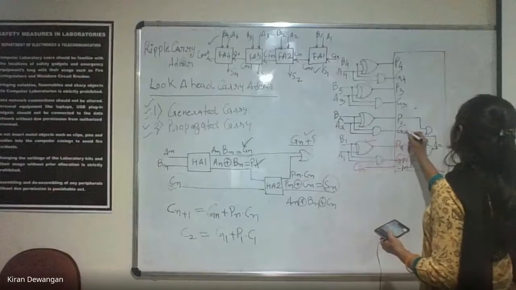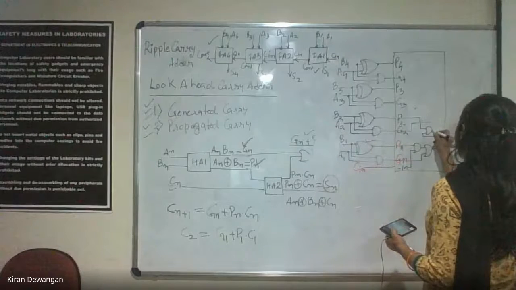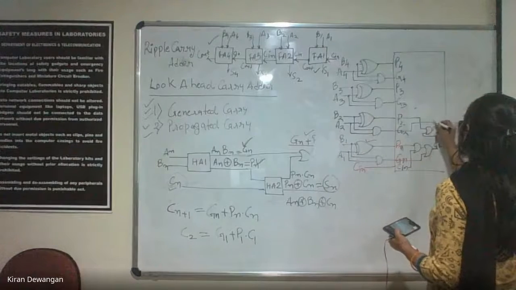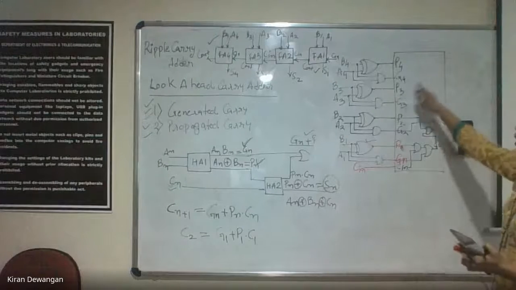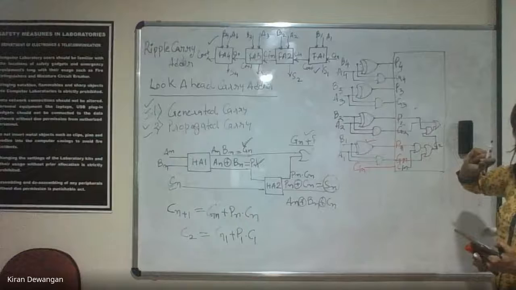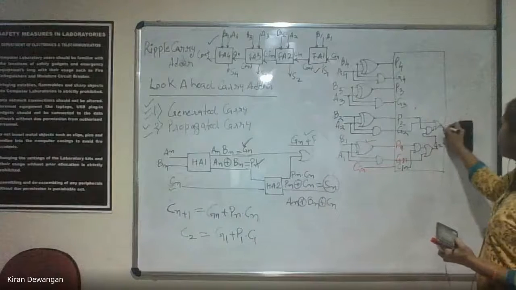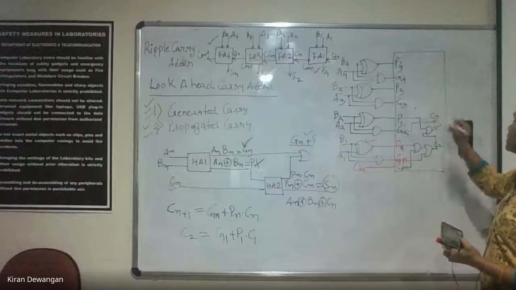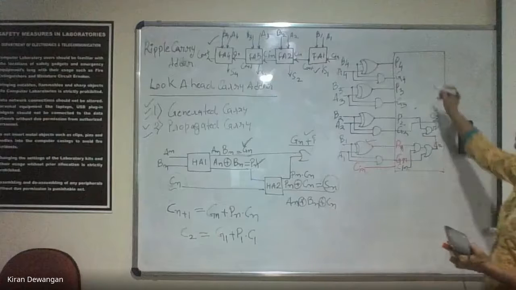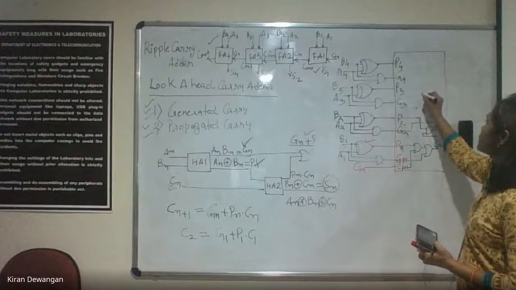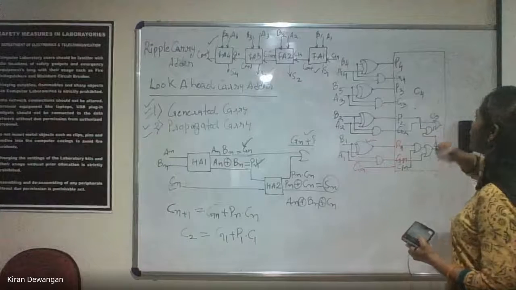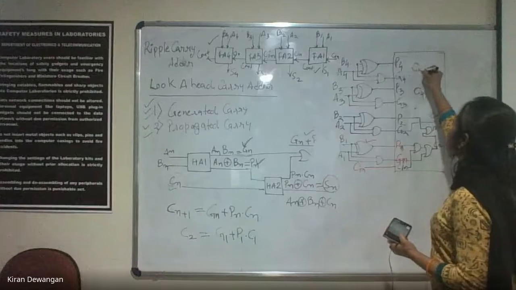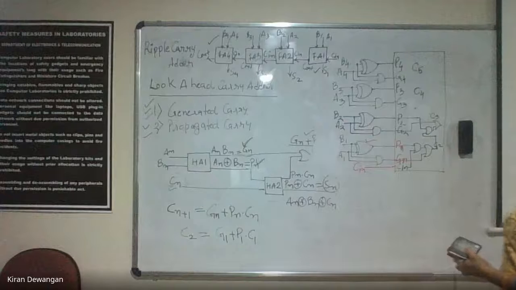And the output of this is ORed. Actually, this is the internal structure of a look-ahead carry adder. So यहाँ से you will be getting C3. From here you will be getting C4. यहाँ से आपका C4 calculate हो जाएगा. यहाँ से C5 will be calculated.